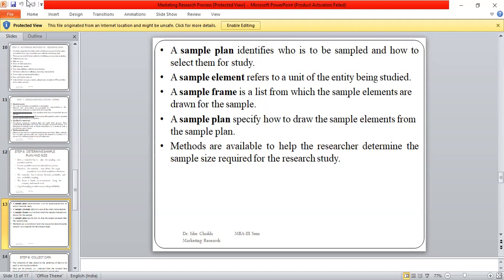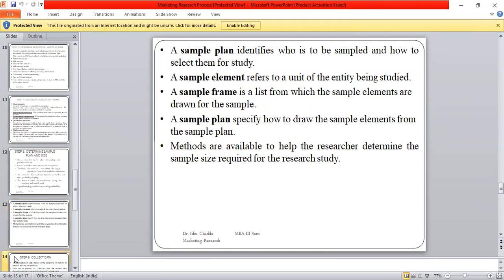Like, I ask one person, do you have a green card or a blue card? If that person has a blue card, then I will ask him, do you know any other person who has a blue card? That means I am following the statistical technique to withdraw a sample here. Methods are available to help the researcher determine the sample size required for the research study.